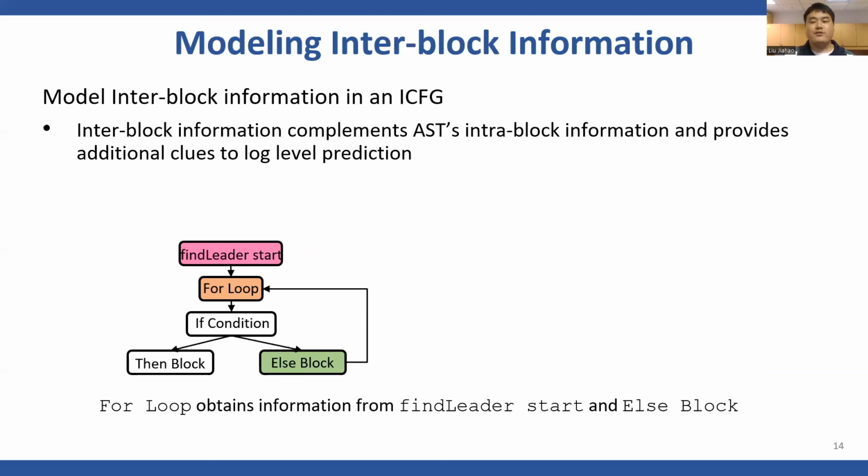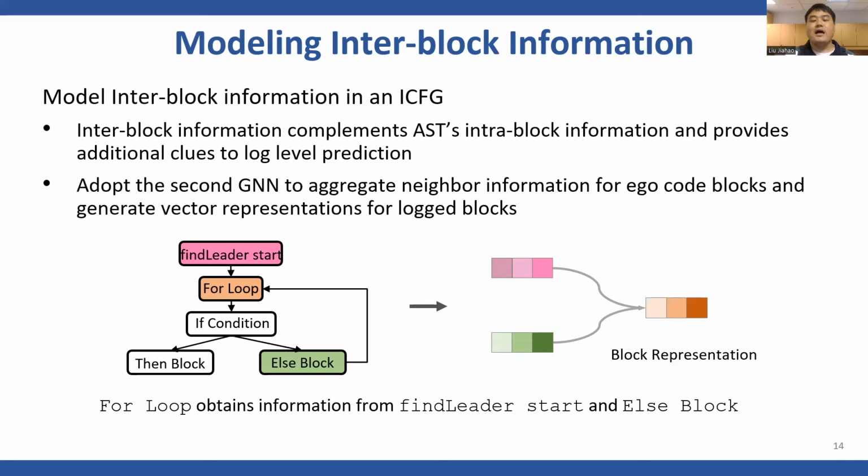From the figure, we can see the for loop block, and we want to aggregate information from its neighbors. Considering the graph structure, we also use another graph neural network to propagate and aggregate the information. With the GNN, we can update the for loop representation with the find leader and else blocks.